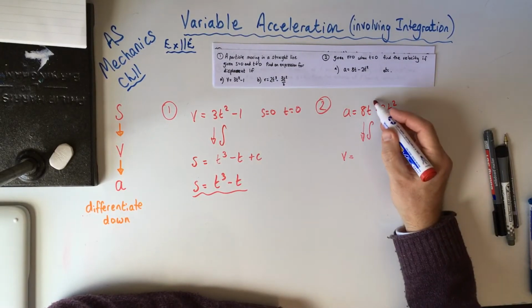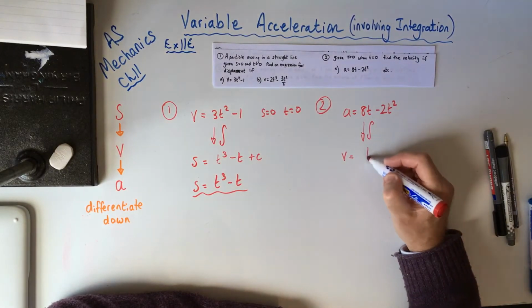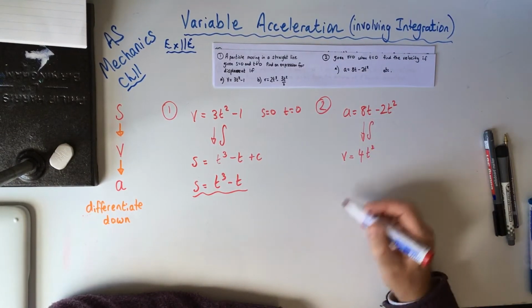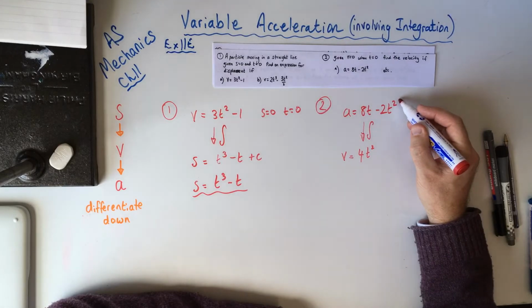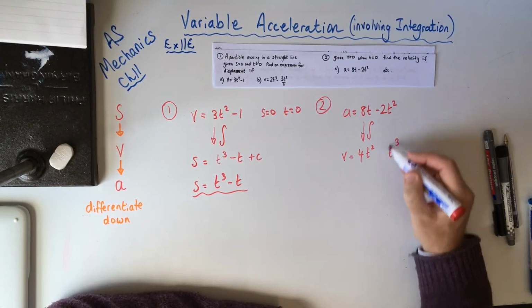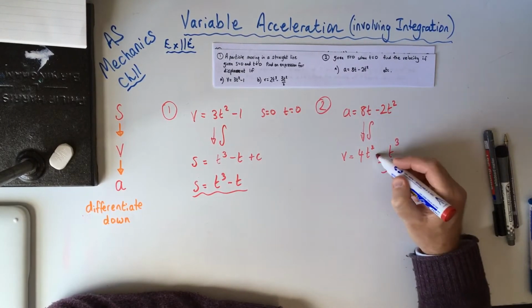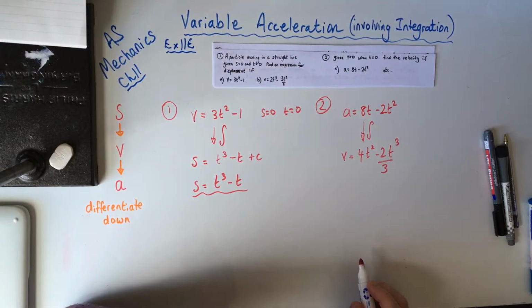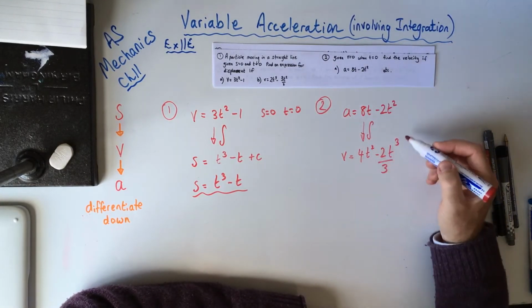Of course, add 1 to the power, t squared, and divide by the new power, 2. 8 divided by 2 is 4. Add 1 to the power, t cubed, and divide by the new power, 3, but we already had a minus 2. Have I done that one right there? Yes, 2 cubed.